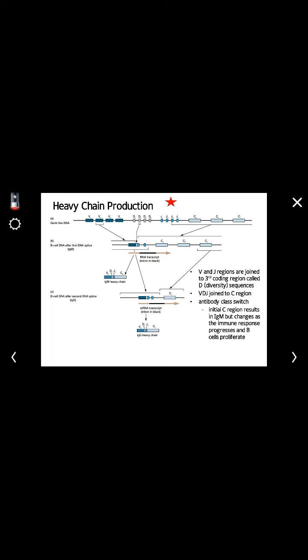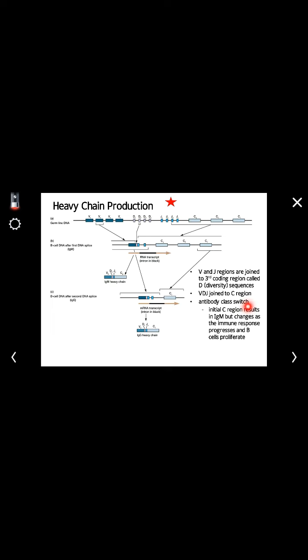It's introns and exons. Exons just keep getting linked together because they are the coding regions. So V and J regions are joined to a third coding region called the D diversity sequence. VDJ is joined to a C region.